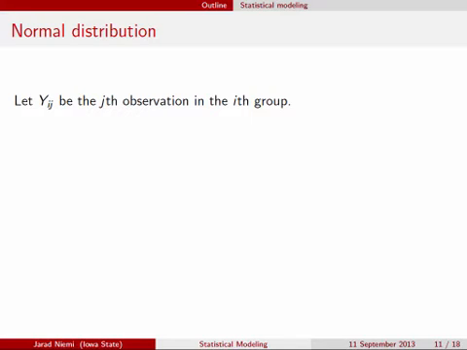And so i here is either Quebec or Mississippi. So like Y11 would be the first plant from Quebec. Y22 would be the second plant from Mississippi. Right, and whatever its CO2 uptake was. Okay? So you fine with that notation?